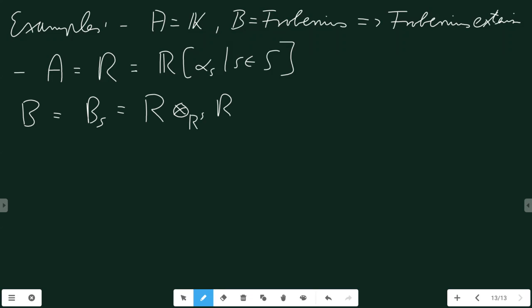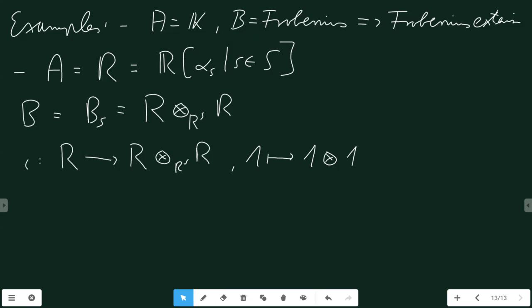And what are our structure maps? Structure maps are as follows. Oh, sorry, I'm ahead of myself. This is my second example. Let me move it to the bottom.